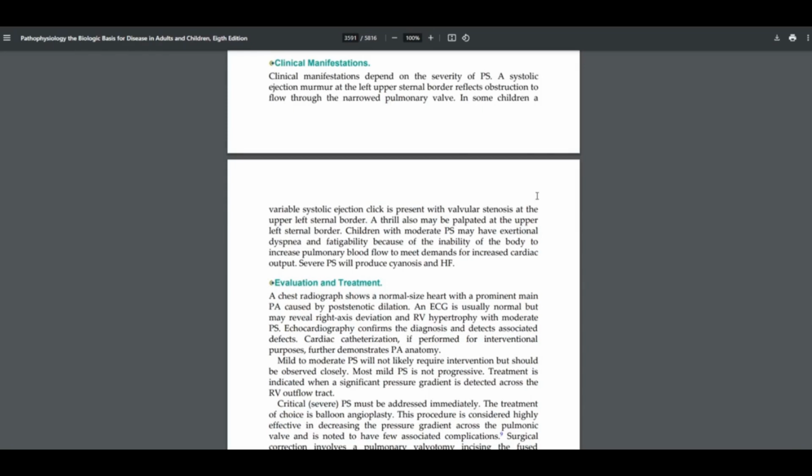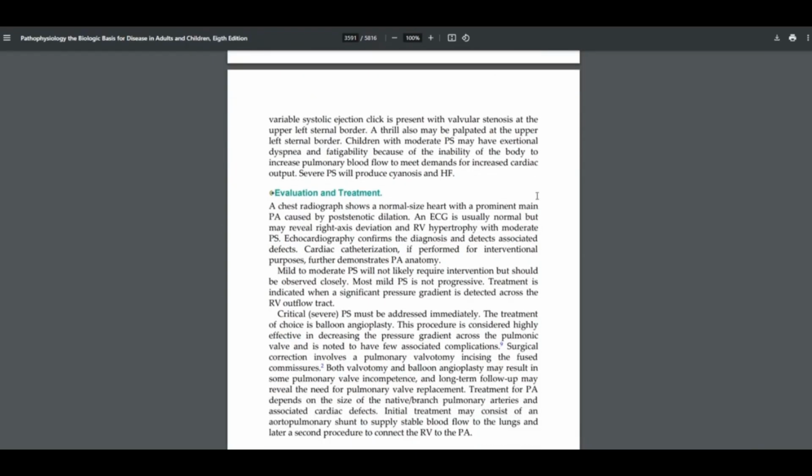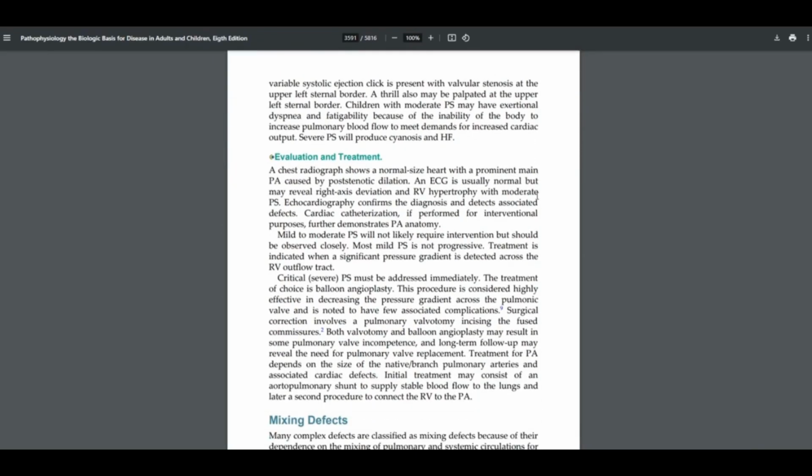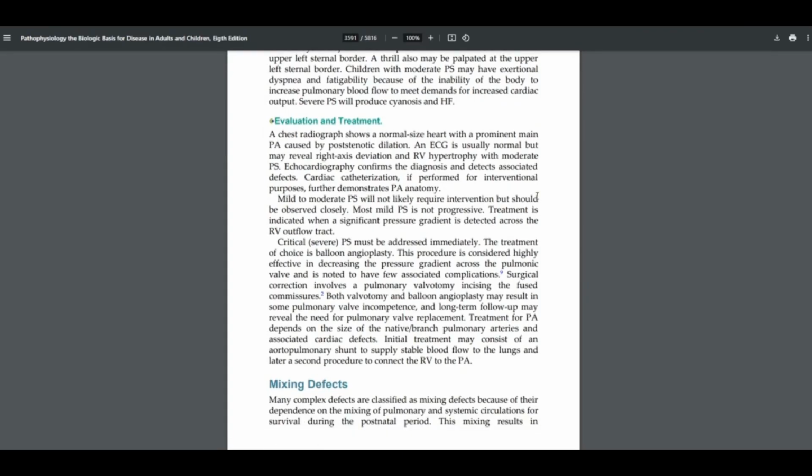A thrill also may be palpated at the upper left sternal border. Children with moderate pulmonary stenosis may have exertional dyspnea and fatigability because of the inability of the body to increase pulmonary blood flow to meet demands for increased cardiac output. Severe pulmonary stenosis will produce cyanosis and heart failure.